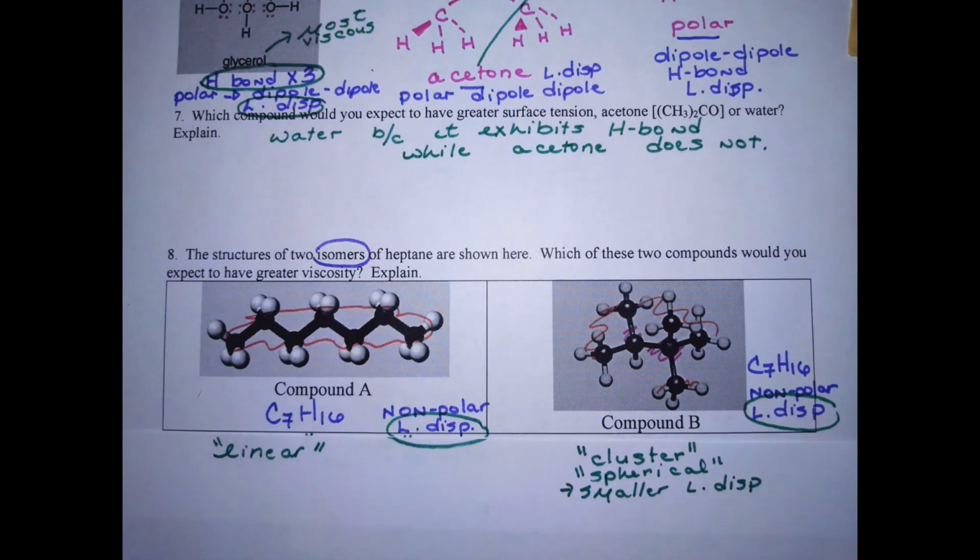So here we're going to have larger London dispersion since everything's more spread out, larger surface area, and as a result I would expect compound A to have the greater viscosity.